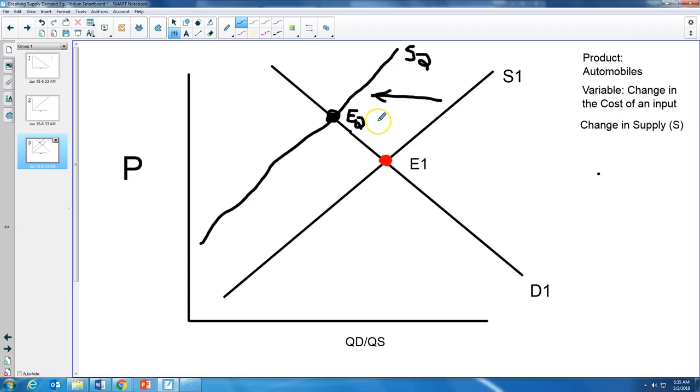Now the last box on your worksheet will ask, what happens to the change in price? The price of the good that you would find in the marketplace for the automobile is not listed on this graph. But what we can do is look at the equilibrium price from the original equilibrium. It would strike the y-axis where price is here.